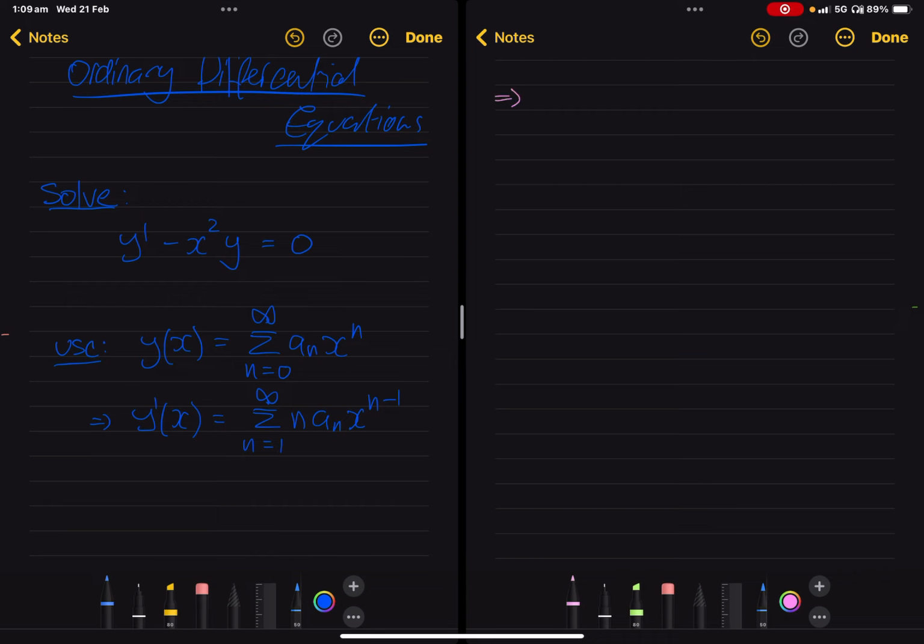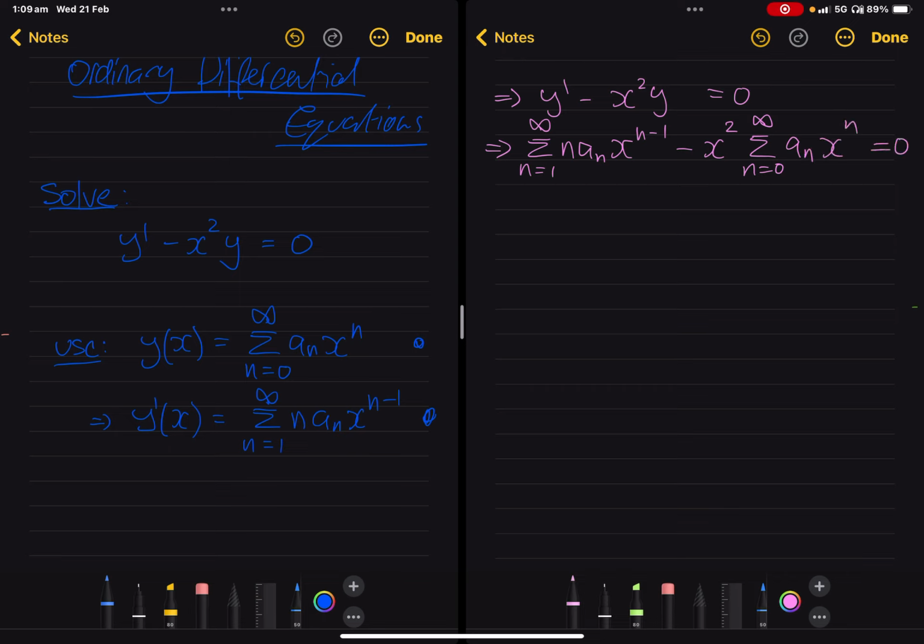So this tells us that y prime minus x squared y equals 0 becomes, well, we'll plug in our y prime from down here. So this is the sum from n equals 1 to infinity n a n x to the n minus 1 minus x squared times y, which is this, times the sum from n equals 0 to infinity a n x to the n.